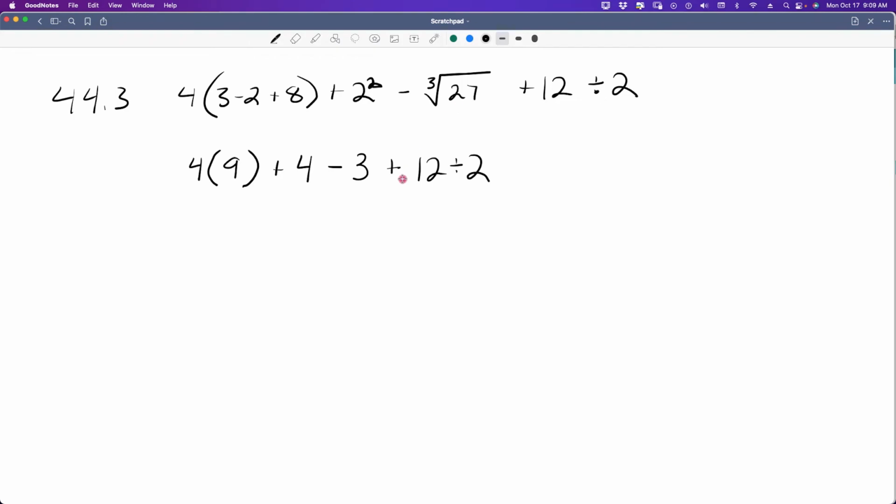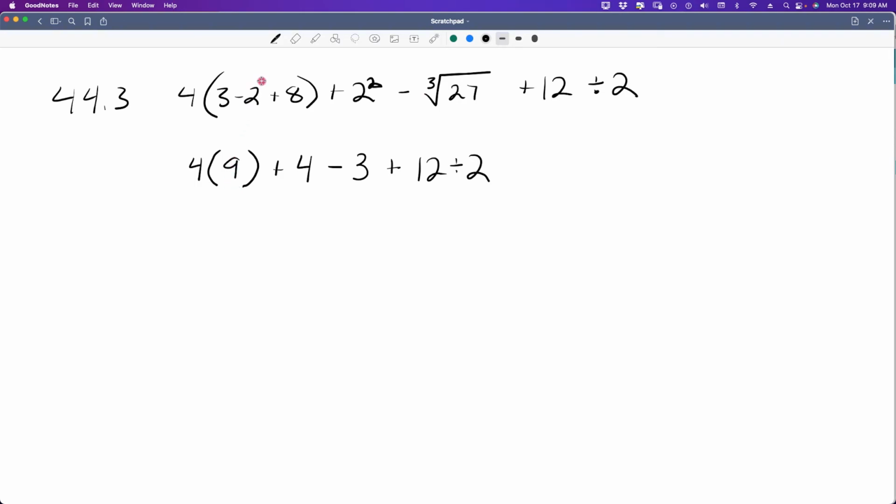Now all of my exponents are taken care of too. Now I need to go to multiplication. But Miss Tracy, you have parentheses here. I know, but there's nothing to do inside of the parentheses. When there are no operations within the parentheses, we move on and do the exponents next. Now this parenthesis just means multiplication.